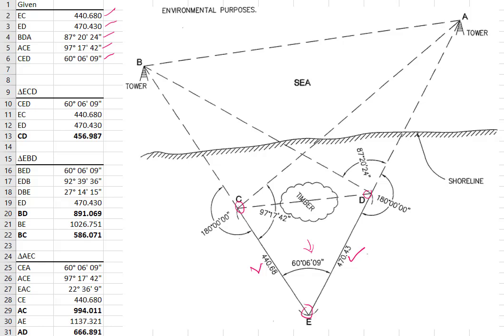So for this triangle we have CED, this is the angle of 60 degrees. I'm putting it here. So I'm preparing for every triangle the inputs and whatever we want to calculate, and then we have leg EC, which is 440, and then the leg ED, and this is 470.